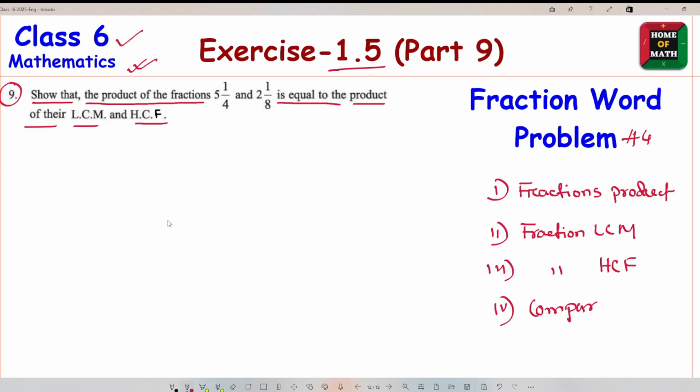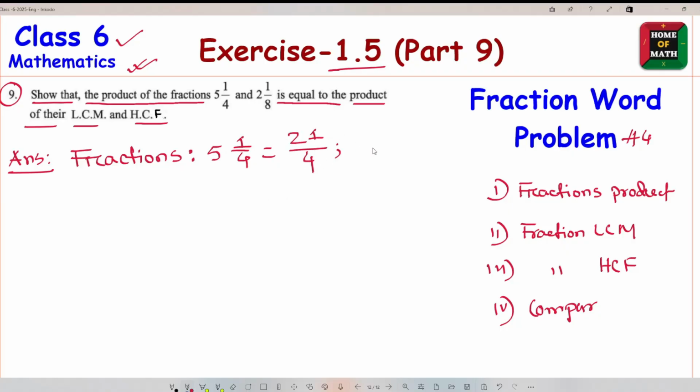Number one, fraction product. So we can write like this: fractions. 5 1/4 means 5 times 4 is 20, 20 plus 1 is 21, divided by 4.